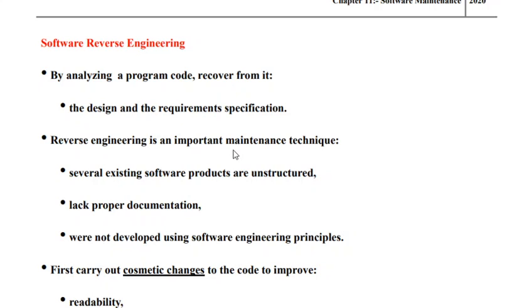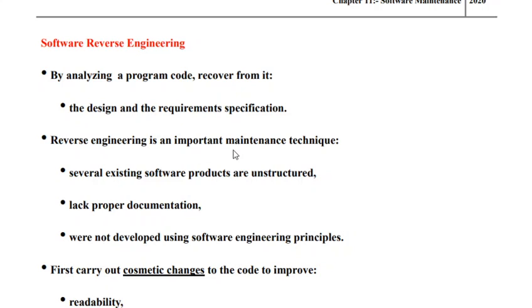So in that case, you need to regenerate everything. You need to regenerate the specification document, regenerate the design, understand the design, and then go on for maintenance work. So in the latter case, we have effort dedicated not only for maintenance but for reverse engineering as well. So that is the process of reverse engineering.